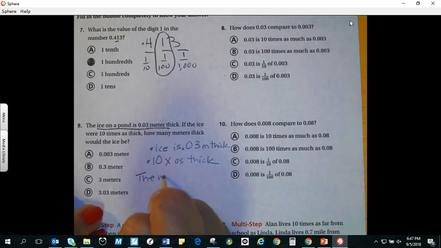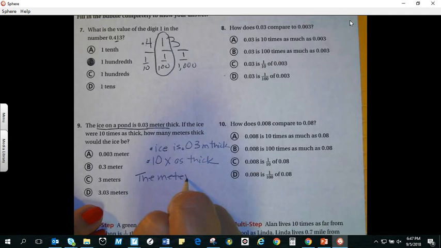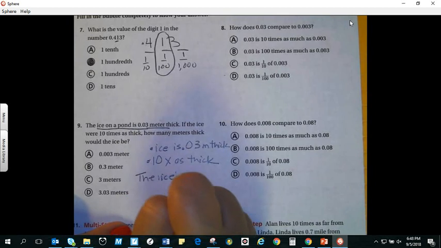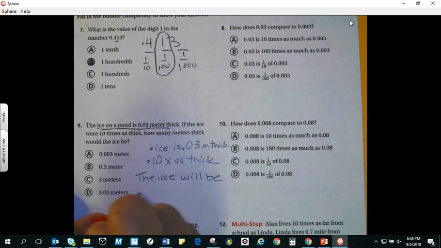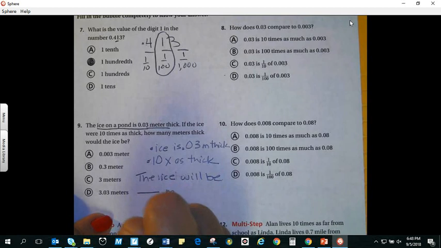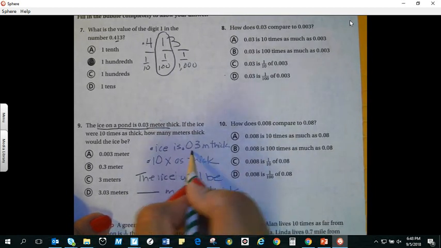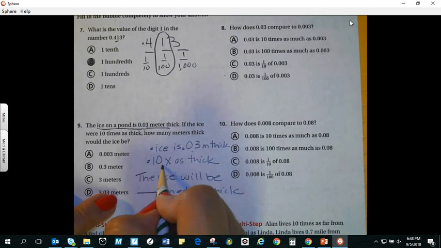The ice will be blank meters thick. And remember, is this going to increase because it's 10 times?